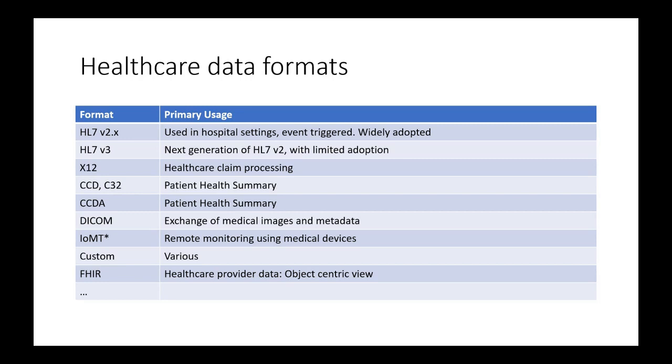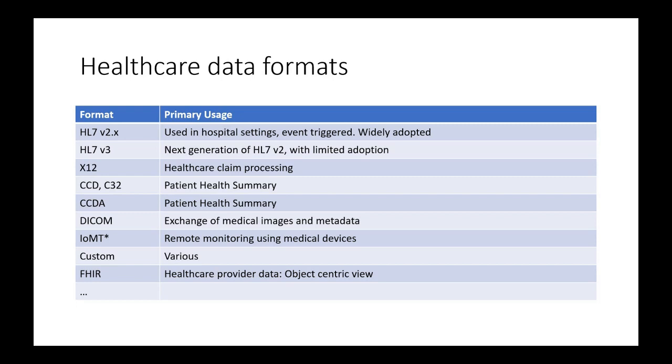It's a delimited format, you delimit by different characters. HL7v3 was the next take on healthcare standard. It has a very limited adoption because of the complexity involved there. It was XML format. So HL7v2 and v3 are used primarily on the provider side. The X12 is used primarily on the payer side, that is the claim processing.